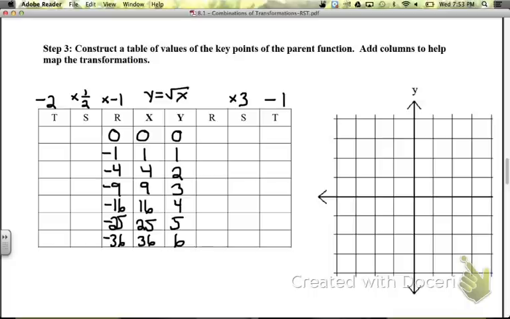Our next step is we're going to multiply each by a half, since we know that it's horizontally compressed by a half. So 0, -1/2, -2, -9/2, -8, -25/2, and -18.